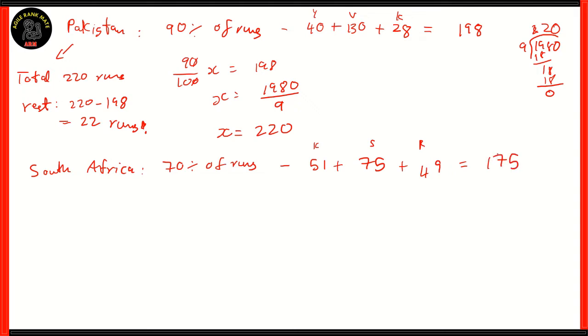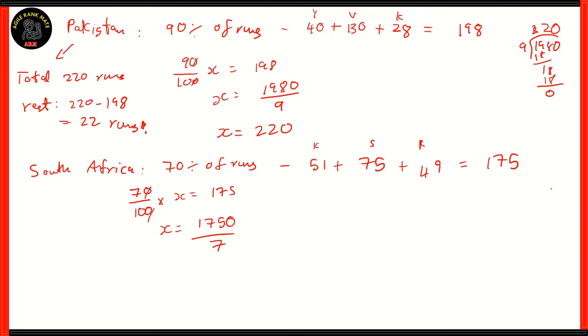So 70% of runs equals 175. So that means 70 over 100 times x gives you 175. We cancel out one of the zeros, so the value of x is 1750 over 7.